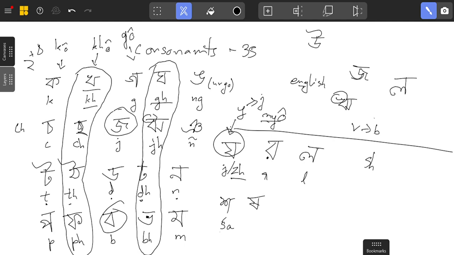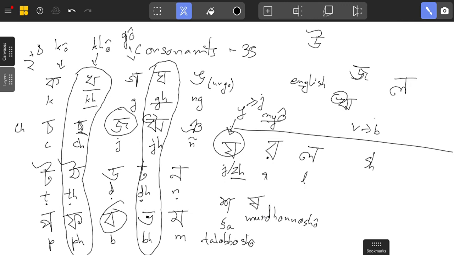This is called talobbo shaw. Talobbo shaw. Talobbo shaw. This is mudhanna shaw.